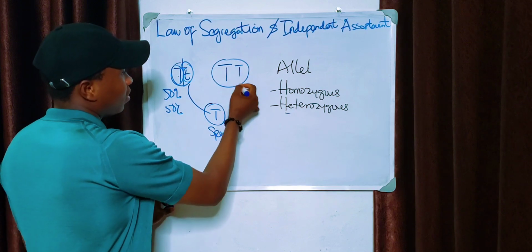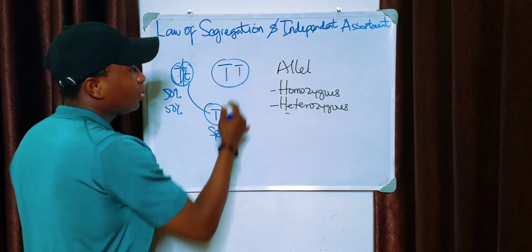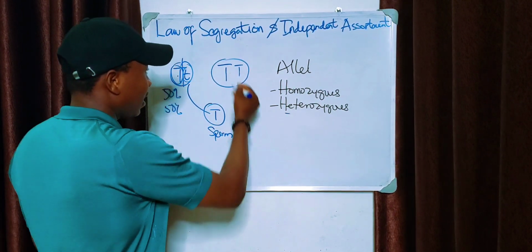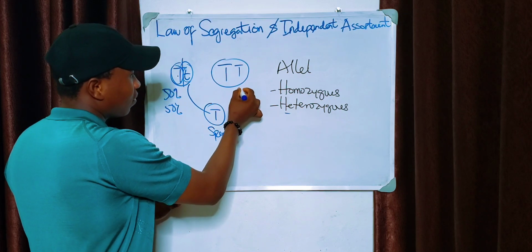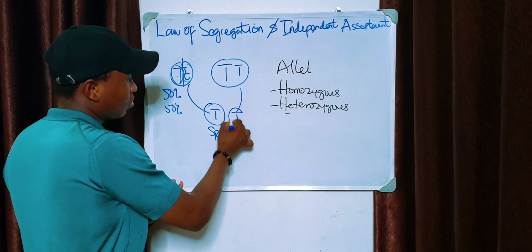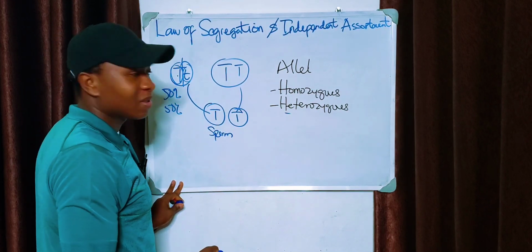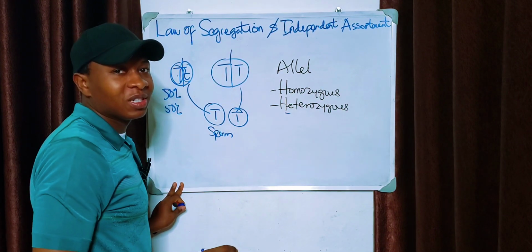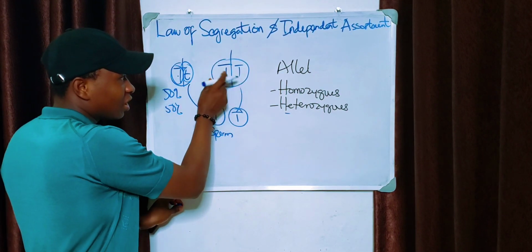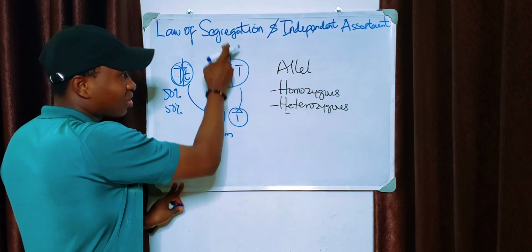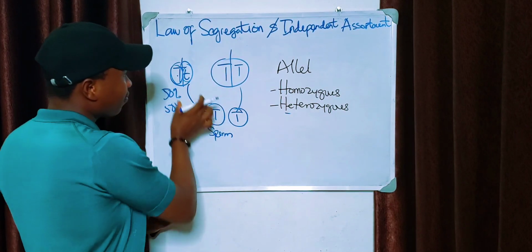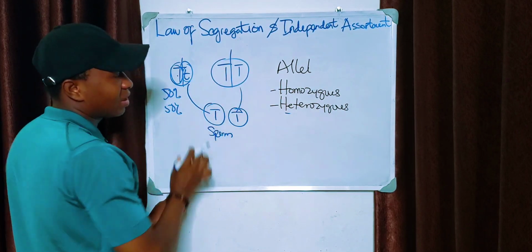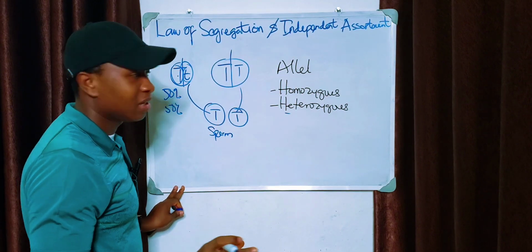Now, let's assume they are already homozygous. So it will give the capital T. There must always be a separation. That is just the law of segregation. The traits must separate. You can't have the full trait go into the sperm and the egg.